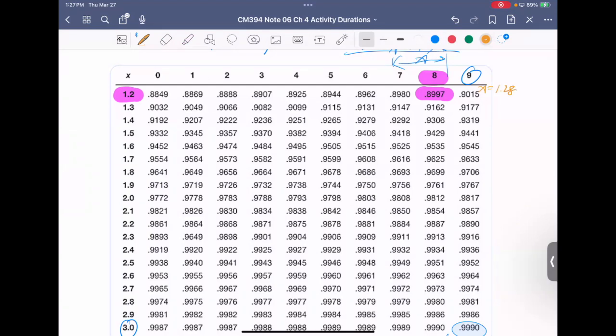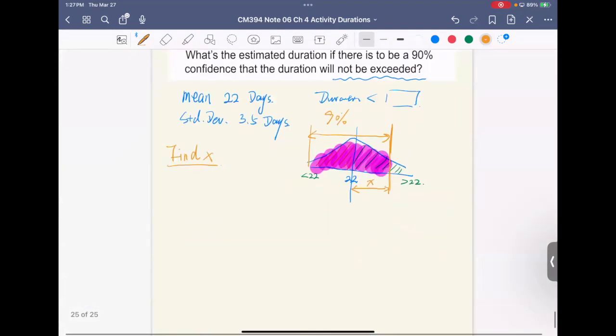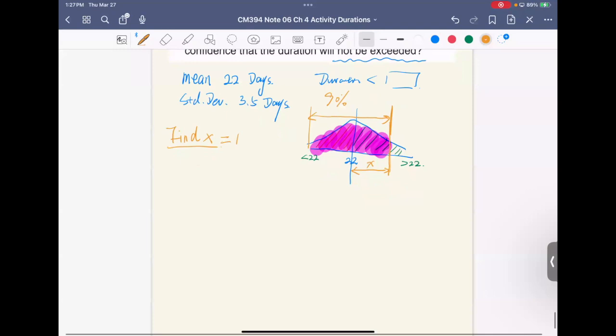Does that make sense? So from the table, refer to that probability data, because it shows as 0.something, but it's 90 percent something, right? So you will get X is equal to 1.28 from the table.